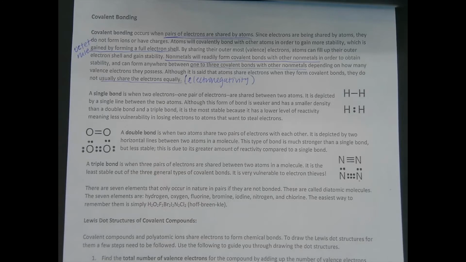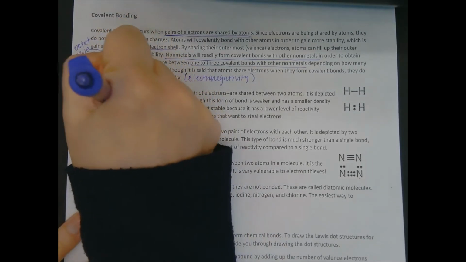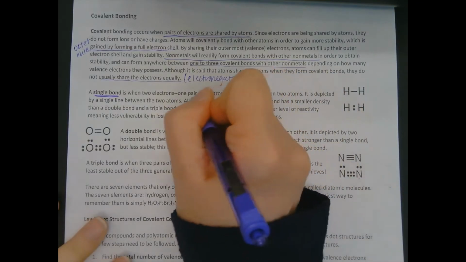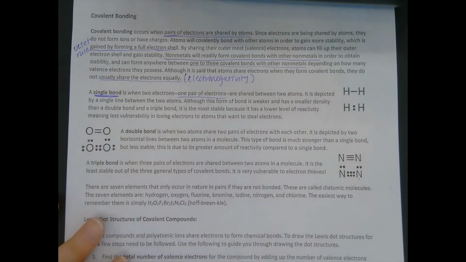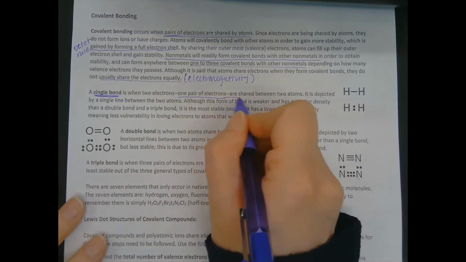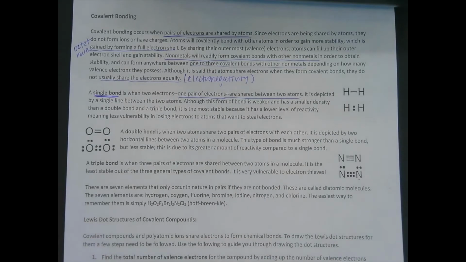Okay, so now let's look at a single bond. A single bond, single means one, yes? So single bond, we're talking about one pair of electrons. So it's one pair of electrons. How many is in a pair? 2. So a single bond is one pair of electrons, meaning 2 electrons that are being shared between 2 atoms.